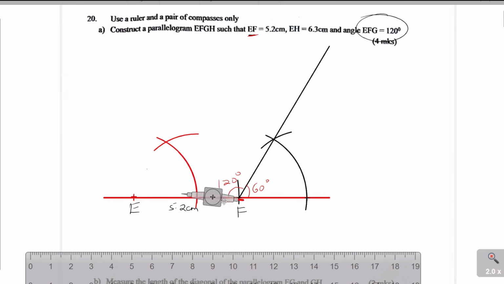Then with the same radius, stand here in this arc and cut that arc. So that is 60 degrees.